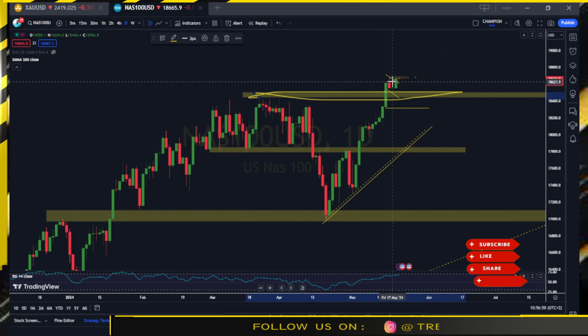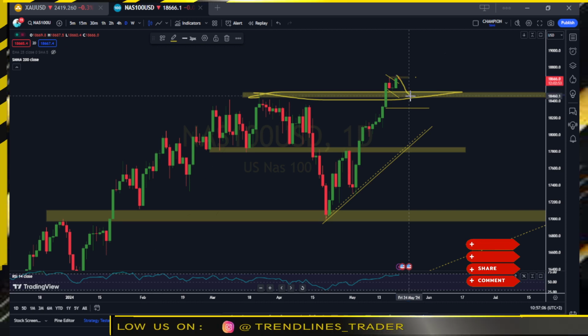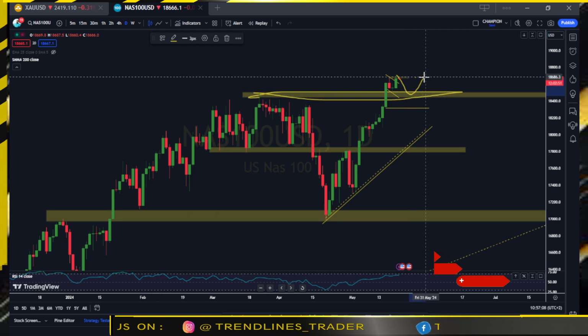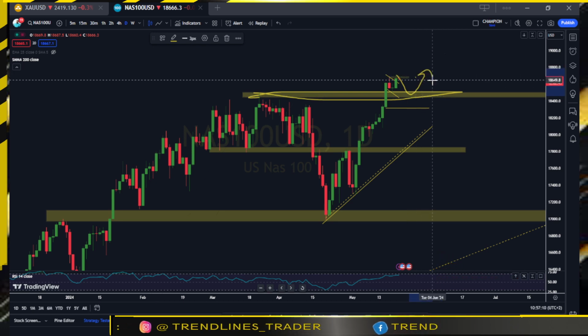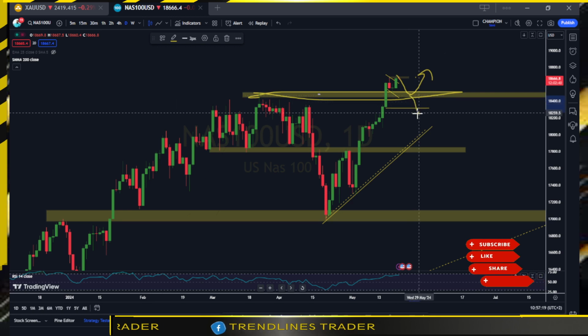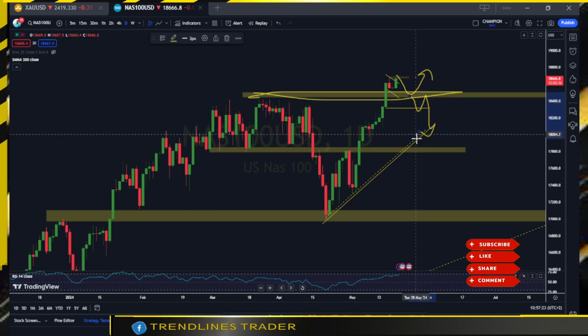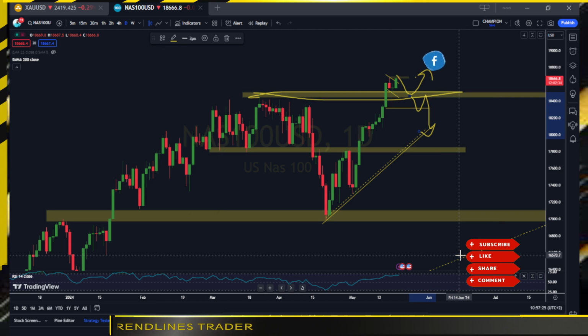Now it's about to create current support, and if it respects the level, we can witness the price pushing towards the upside. If it doesn't respect this support, we can witness the price breaking, retesting, and pushing towards the downside. That's the possible move of the price.